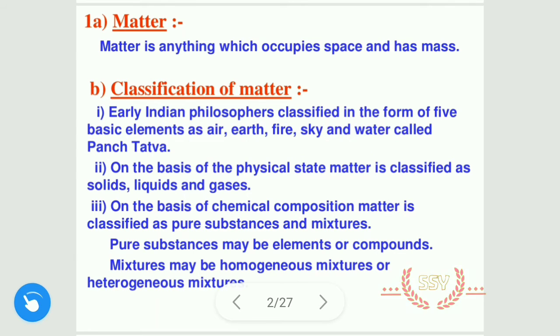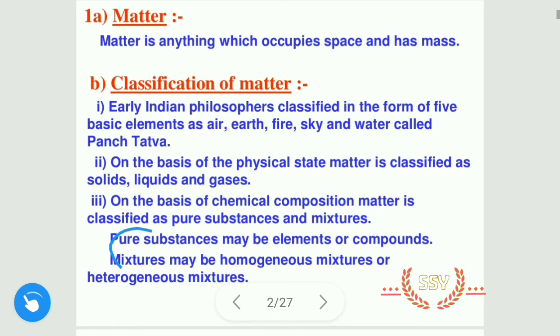According to the physical state, matter is classified as solid, liquid, gas, plasma, and BEC, that is Bose-Einstein condensate. On the basis of chemical composition, matter is classified as pure and mixture.